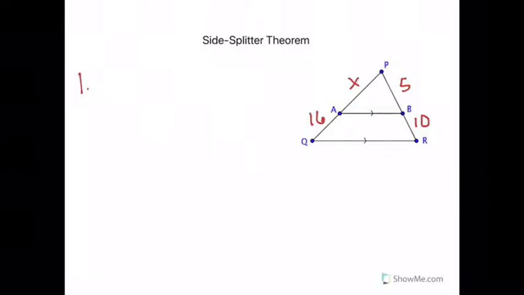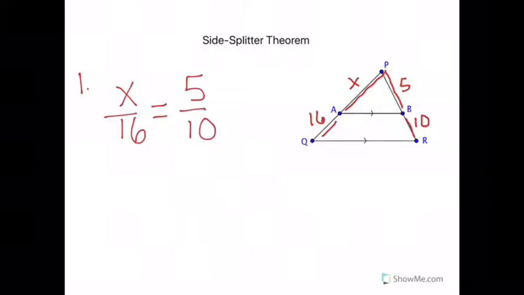Okay, so according to my side splitter theorem, I can write a proportion by looking at just this left side and writing x over 16 equals, now looking at the right side, this segment over this segment, 5 over 10. Pretty simple. So here the left side, x over 16 equals 5 over 10, and it'll follow that pattern every time.